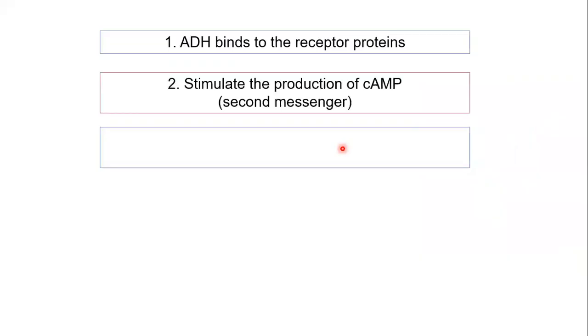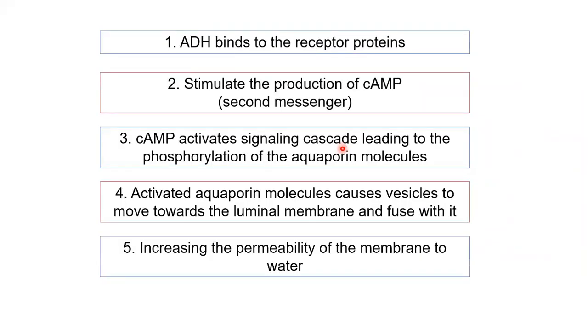The sequence that happens is, once ADH is released by the posterior pituitary gland, it will bind onto the receptor protein, which stimulates the production of cyclic AMP, the second messenger. This cyclic AMP will activate a signaling cascade, which leads to the phosphorylation of aquaporin.